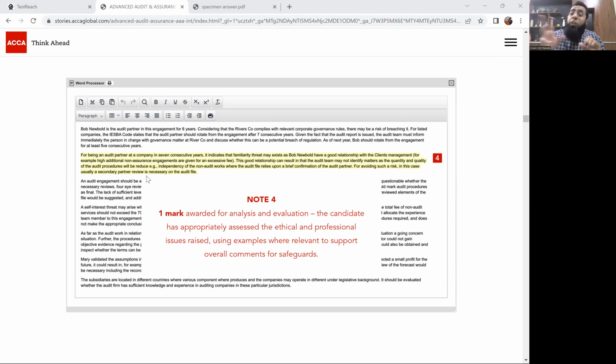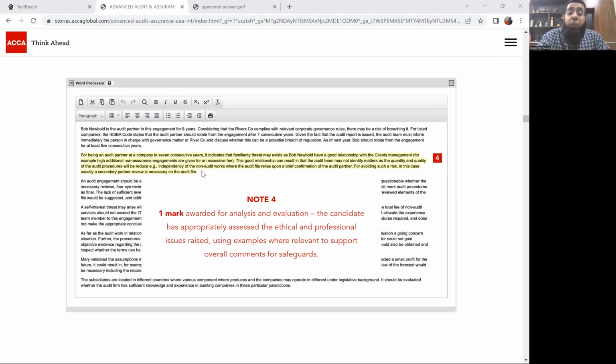So see, he also identified the familiarity threat. He related it, that it creates familiarity due to non-audit services also. And then he referred to a very good thing: this good relationship can result in the audit team not identifying matters as the quantity and quality of audit procedures will reduce.